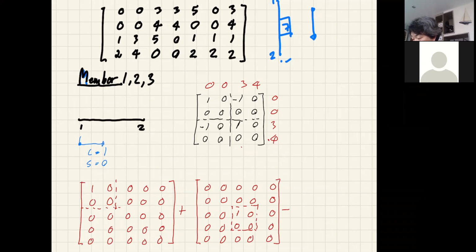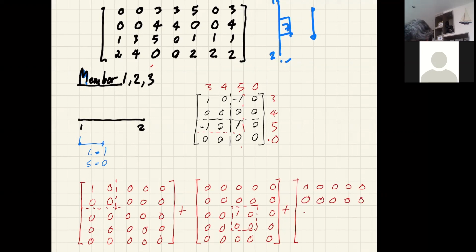And then for member number 3, let's come back here and erase the code. Now we are going to impose this one, which is 3, 4, 5, 0. So this one is going to be this one, right? Again, the first row and second row, nothing, and the first and second column, nothing.